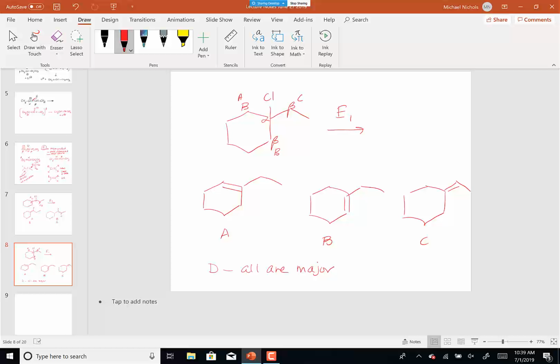For A, how many alkyl groups? 3? Do we agree that there's 3? For B? 3? For C? 3?